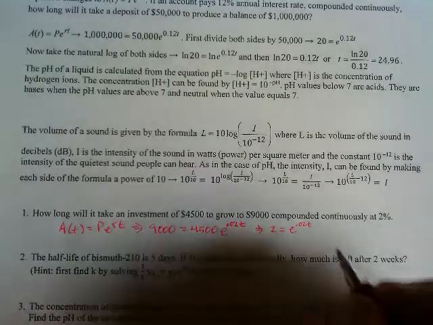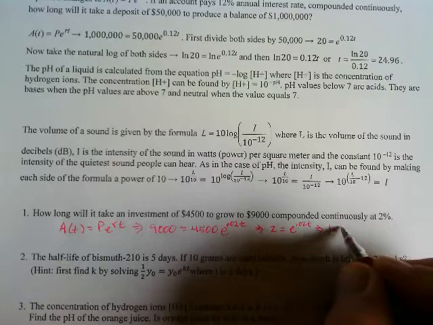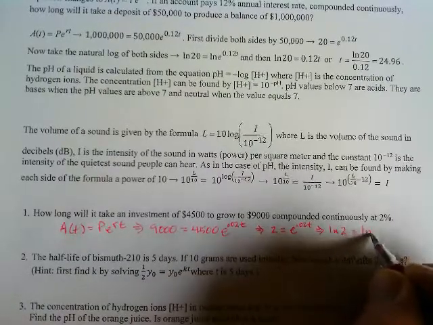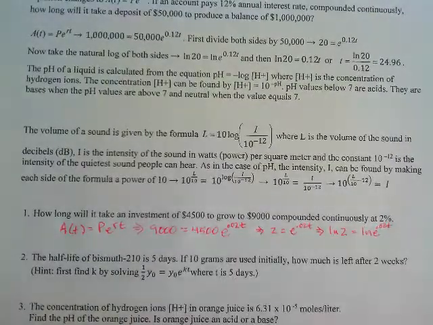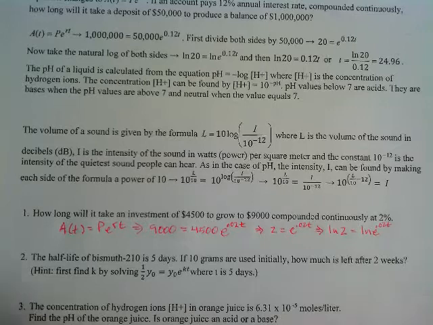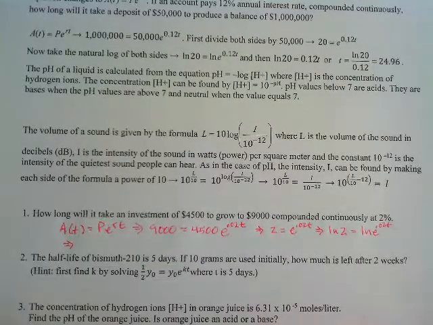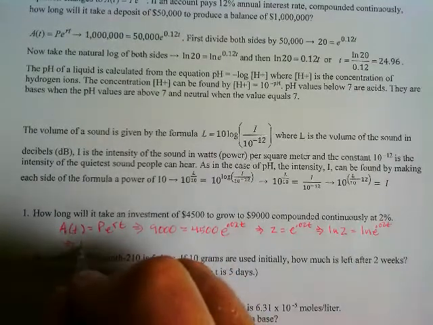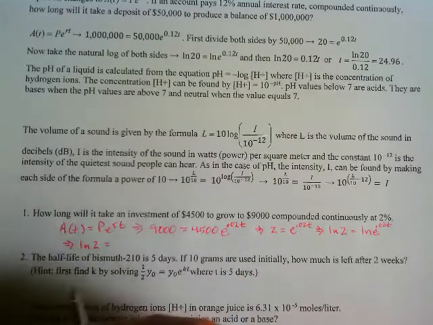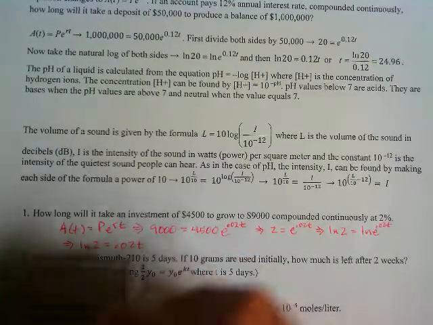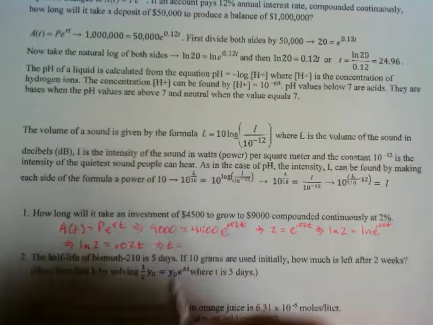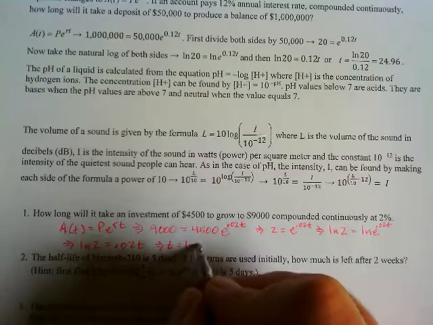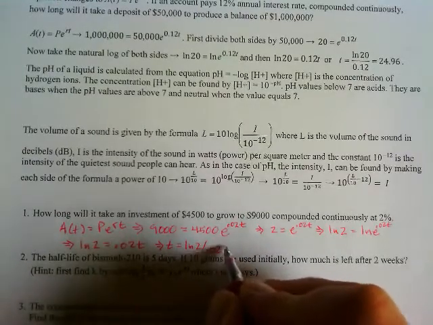Now we take the ln of both sides, so ln 2 equals ln e to the 0.02t, and these are inverses, and so we'll now have ln 2 equal 0.02t, or t equals ln of 2 over 0.02.